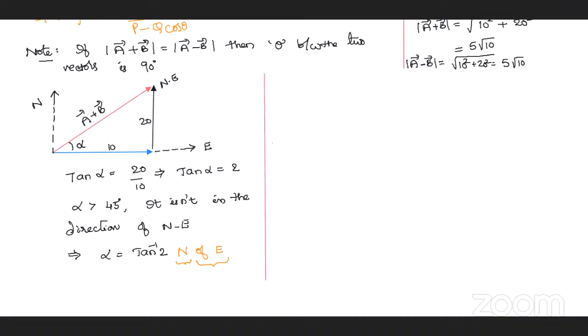For a bar minus b bar, I have to reverse the direction. So a bar I am taking as usual, this is a bar towards east, but b bar I have to take not upwards, downwards. Why? Because we are calculating a bar minus b bar.